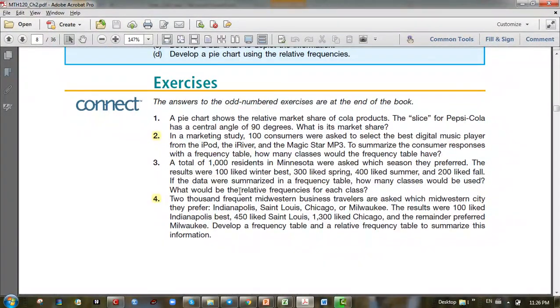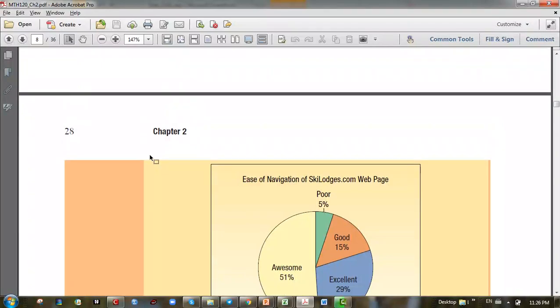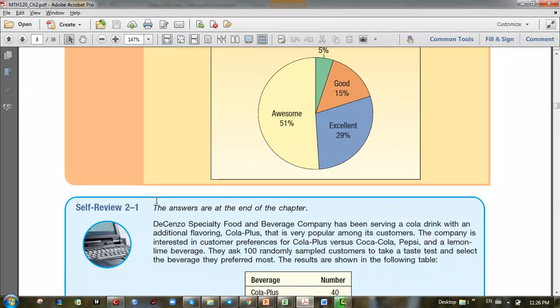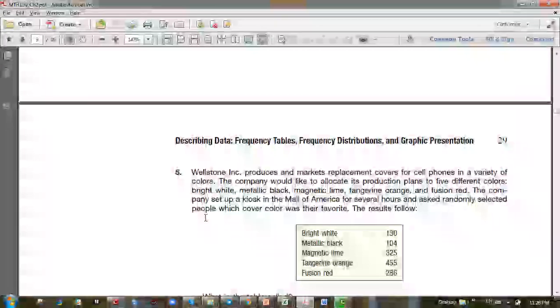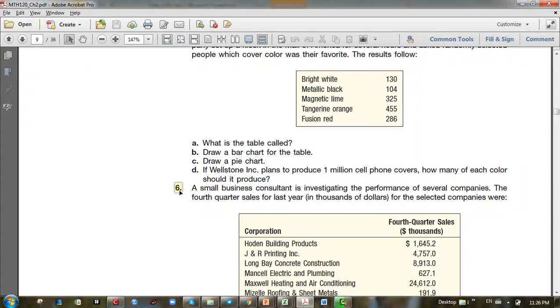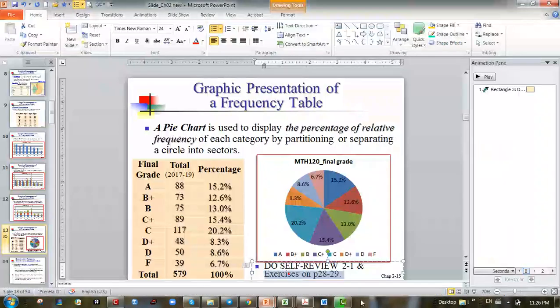Today you have 3 exercises as homework. Go to the textbook: page 28, number 2, number 4, and page 29, number 6. So this is your homework.